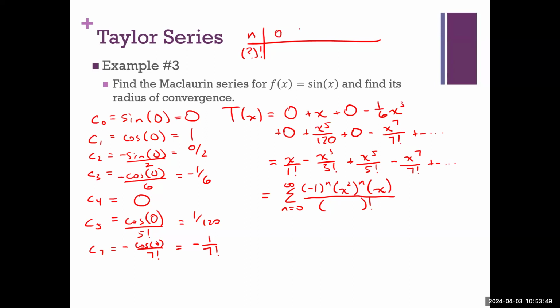So n equals 0, n equals 1, n equals 2, n equals 3. My first term has a what inside the factorial? A 1, right? And then when n equals 1, it's over 3 factorial. And then 5. And then 7.